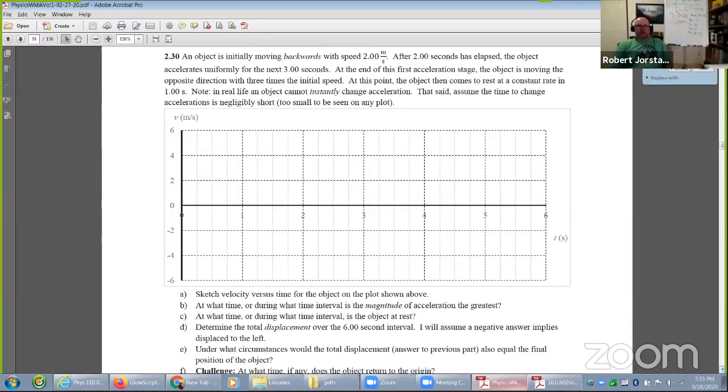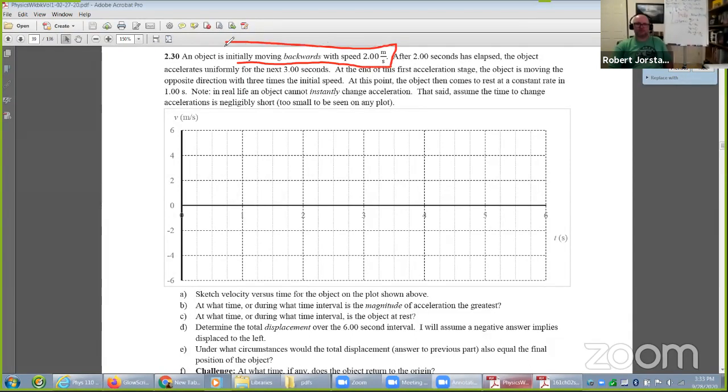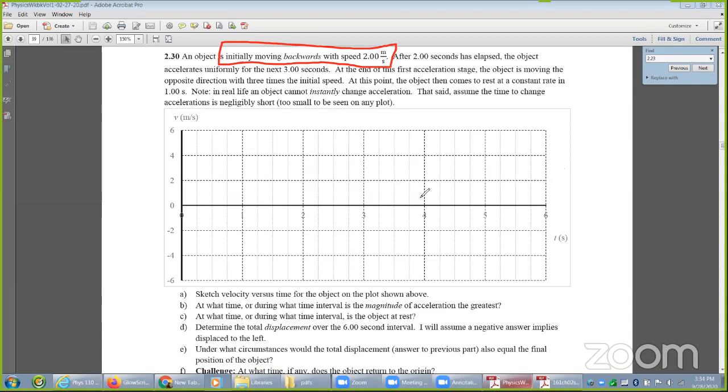All right, so we're trying to make a VT plot. Somebody help me out. What is this piece of information telling me? VI, the initial X is -2.00.